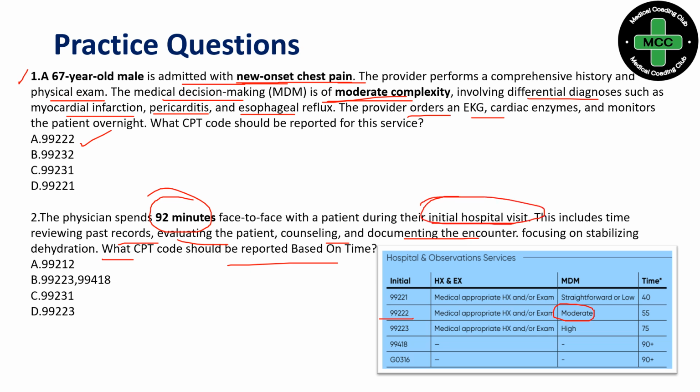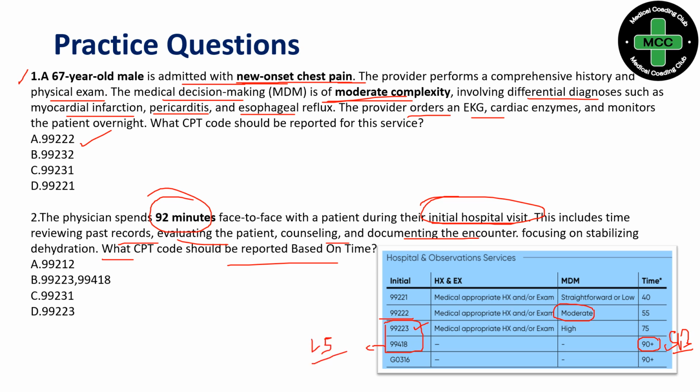If you check 90 minutes, we have 92 minutes. That means we are meeting a prolonged service code, so we have to utilize 99223 and 99418. 99223 will be the highest level, and 99418 we use for each additional 15 minutes.